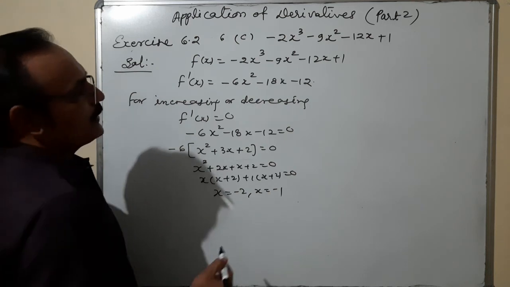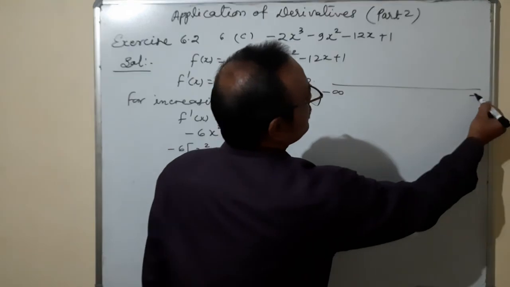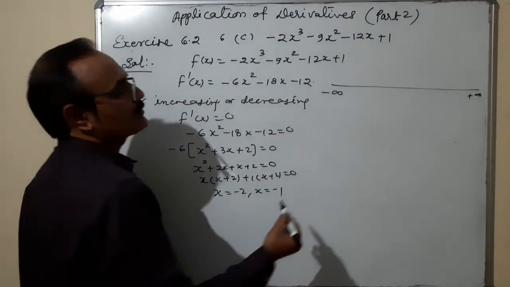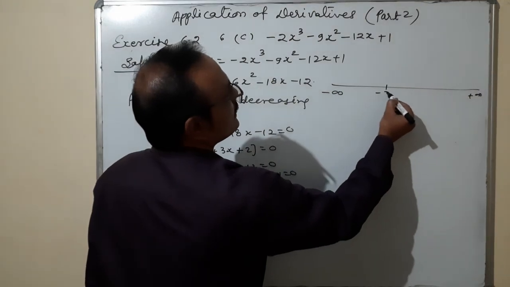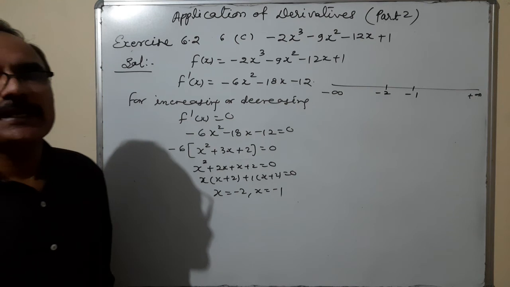Okay. Now here on the number line, minus infinite to plus infinite, you see that there are two critical points, minus 2 and minus 1. Here we can see that there are three intervals.